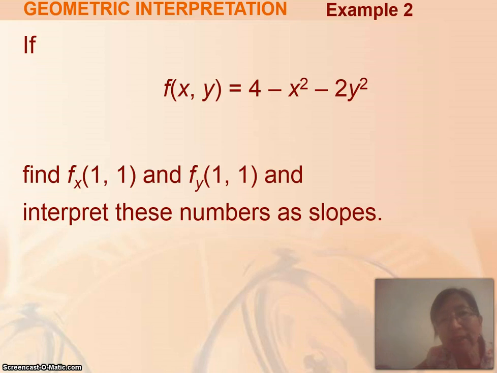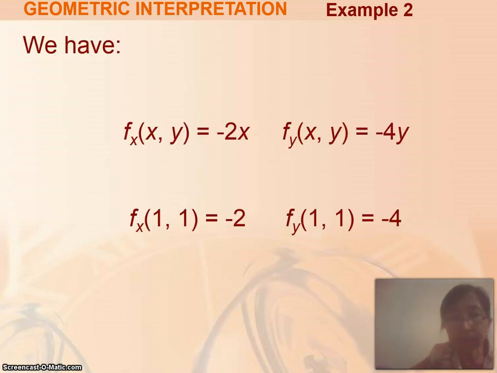Now let us consider the second example. If f of x, y equals 4 minus x squared minus 2y squared, find f with respect to x at the point (1, 1) and f with respect to y at the point (1, 1), and interpret these numbers as slopes.